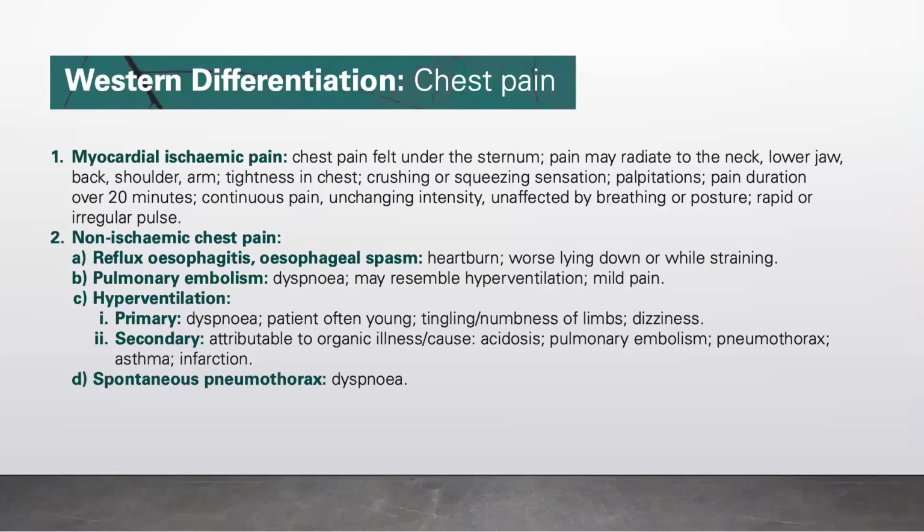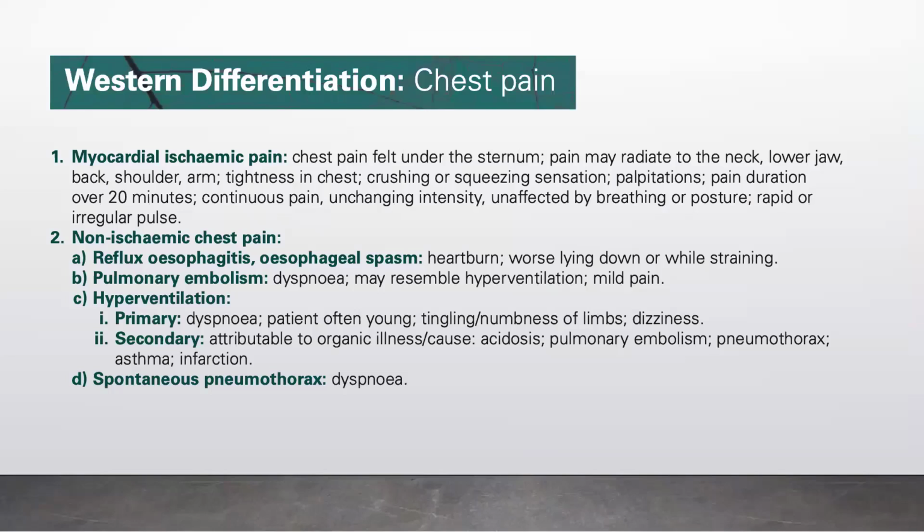Second is non-ischemic chest pain. Causes may be reflux, esophagitis, esophageal spasm, heartburn, worse lying down or while straining. Second is pulmonary embolism. Dyspnea may resemble hyperventilation and mild pain. Third, hyperventilation.